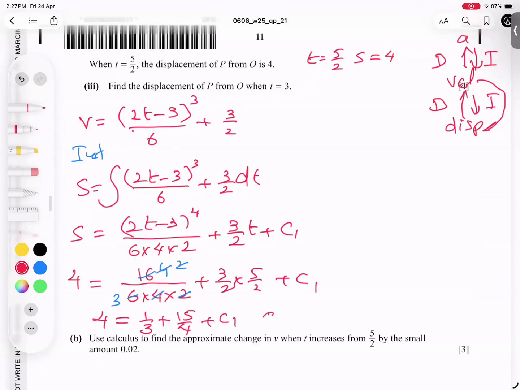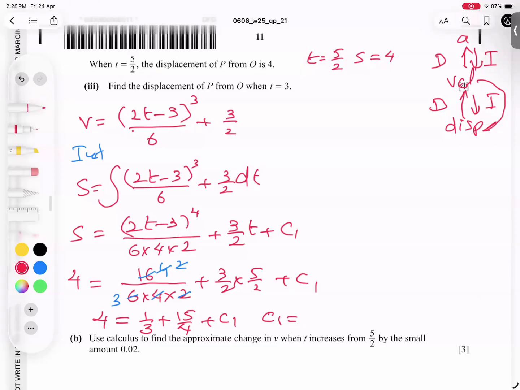Now C1, sorry. I want to find the C1 value. And when I find the C1 value, students, what happens? 4 minus 1 over 3 minus 15 over 4. We are getting the answer in fraction form, and decimal form as well.